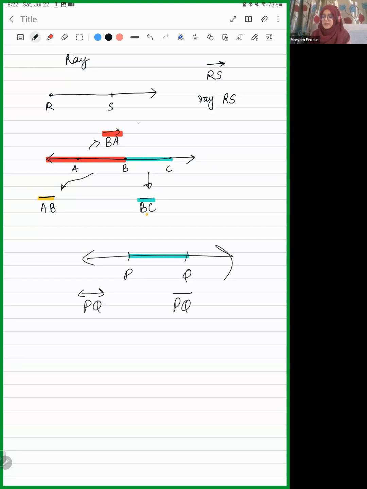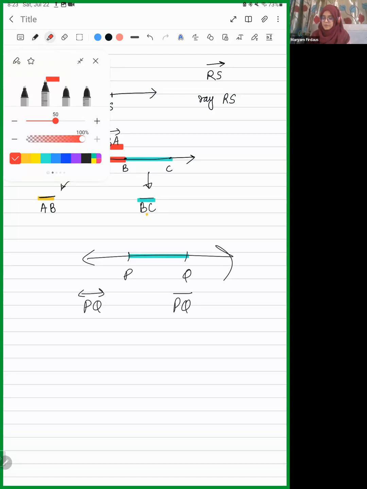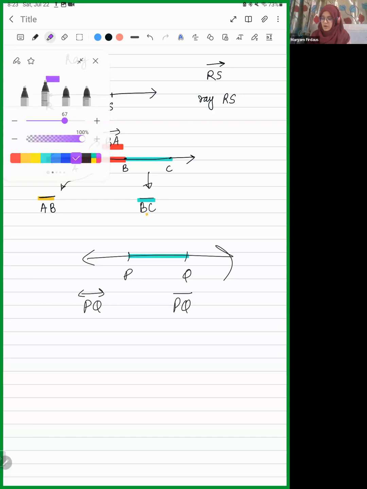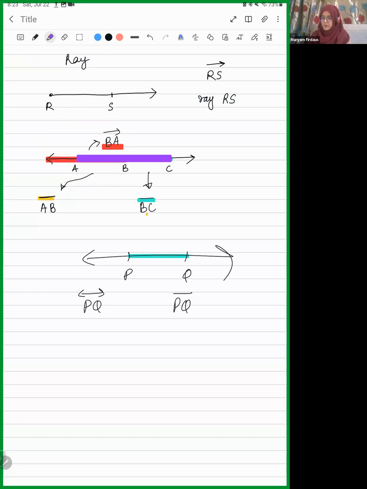Fine. Now, I'm just gonna write it over here. Okay, let's take one more. How about this purple one? What is this purple one called?